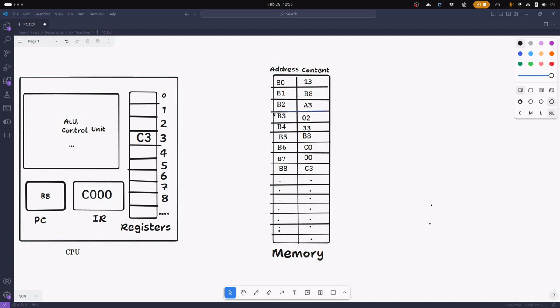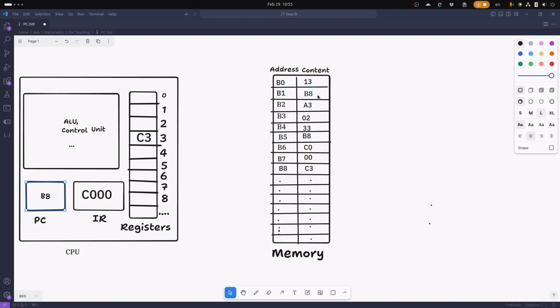The starting value will be set in the question most of the time, that is, from where you should start your program counter in the memory cell. So if it says B0, it starts with B0. Remember how we did it.